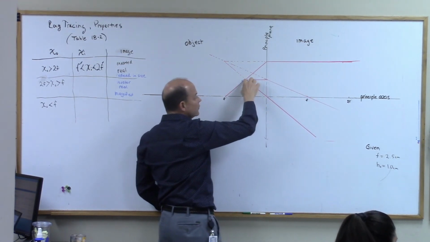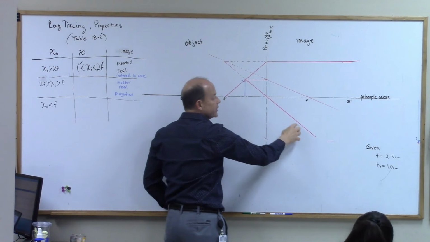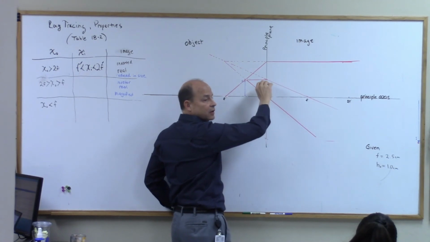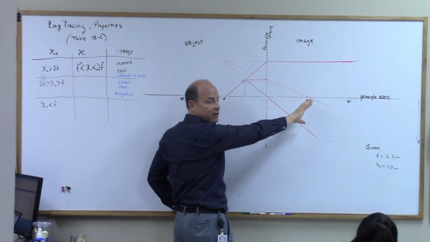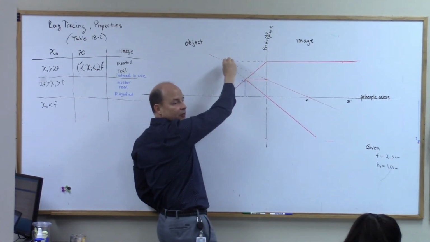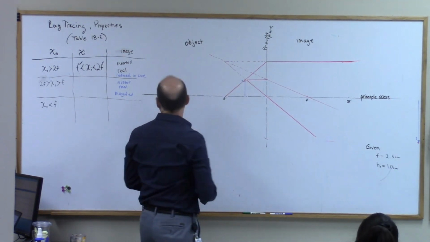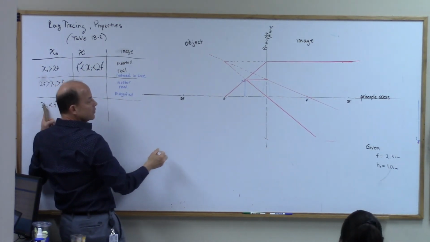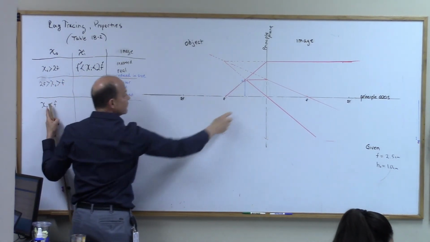And a ray that comes from the object and goes through the center of the lens is going to continue on unrefracted. But the rays on this side of the lens are all diverging, so you have to back them up to a point over here.